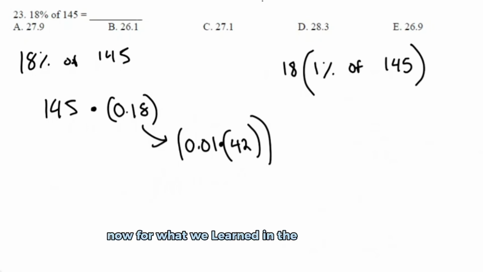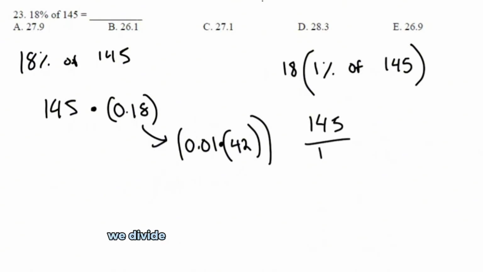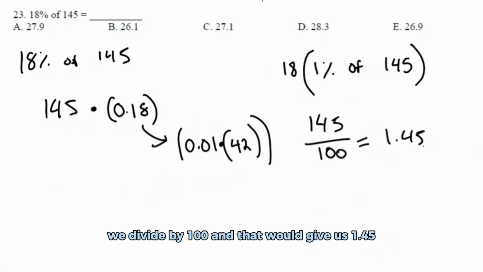Now, from what we learned in the last problem, if we're trying to find 1% of a number, all you have to do is divide the number by 100. So in this case, 145 is our number, and to find 1%, we divide by 100. And that would give us 1.45. The easiest way to divide a number by 100 is to start at the current decimal point, which is right here, and go over 2.